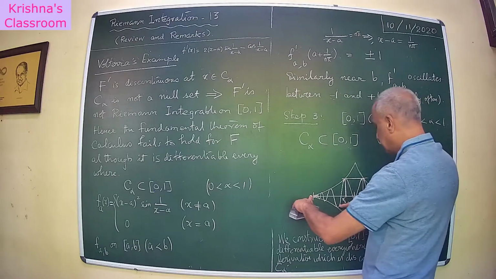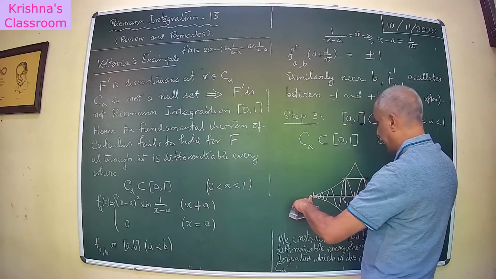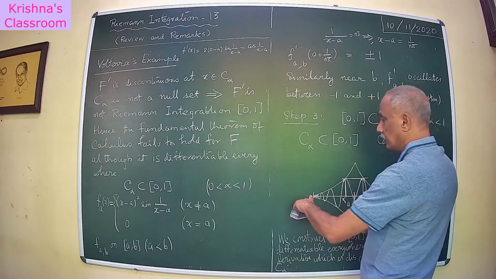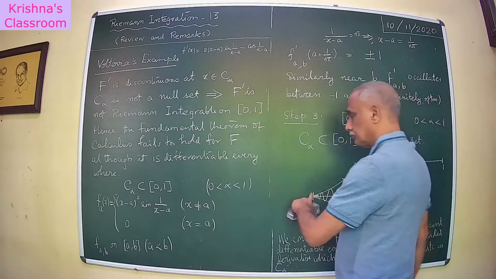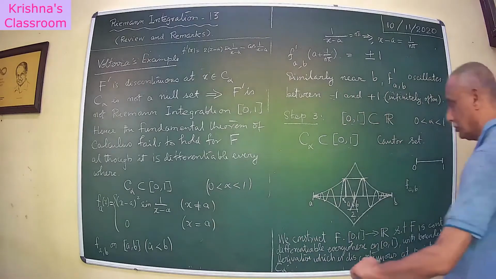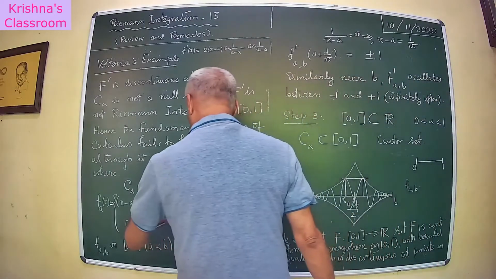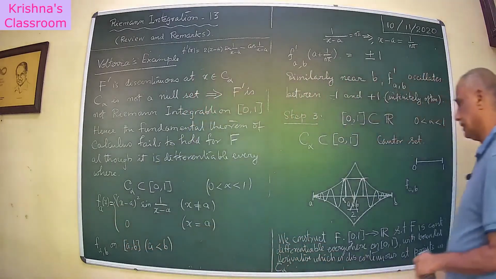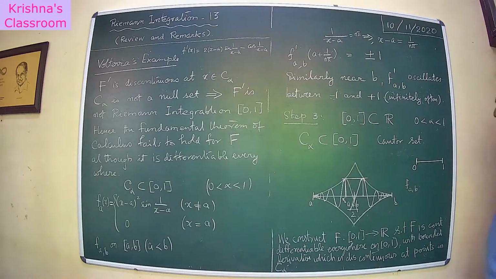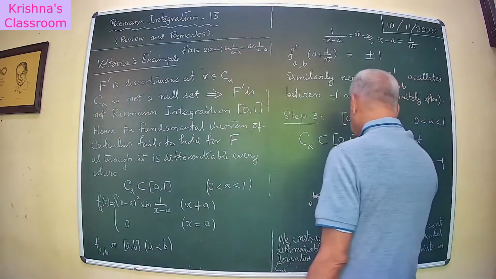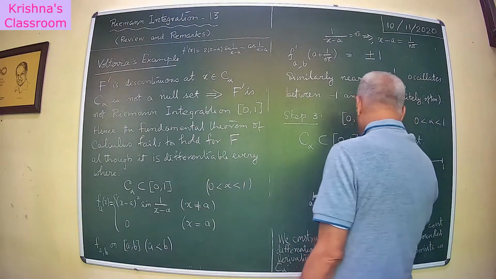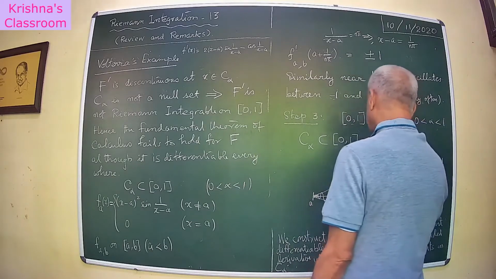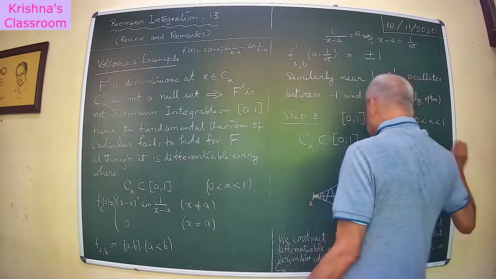In other words, the last point where either a maximum or a minimum appears for the function x minus a whole square into sine 1 by x minus a. Which means this is the last point before a plus b by 2 where the tangent to the function becomes parallel to the x-axis.